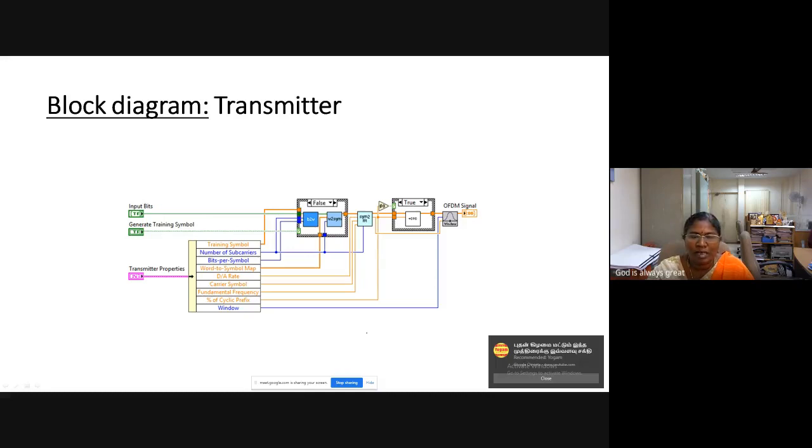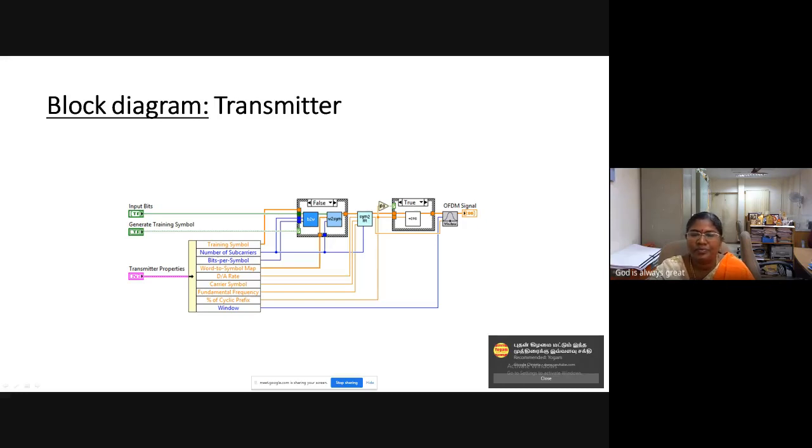So for these sub-VIs, you need all these inputs: the training symbol, number of subcarriers, bits to symbol converters, word to symbol mapper, digital to analog rate, D to A rate, carrier symbols, fundamental frequency, the percentage of cyclic prefix that you want to add, then what type of window, the Hamming window.